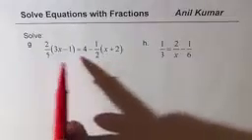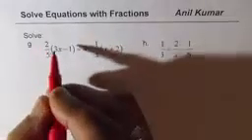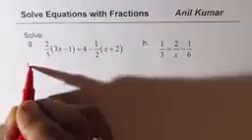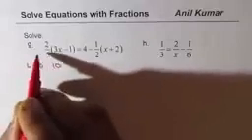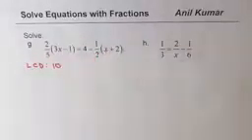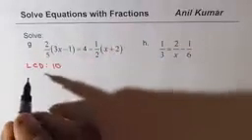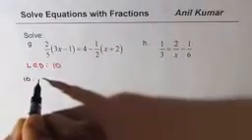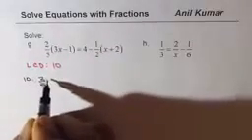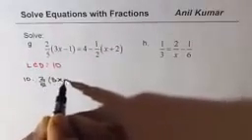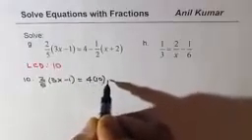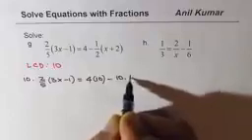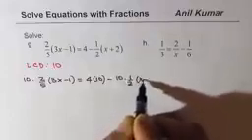Here, 5 and 2. So what is the lowest common denominator? In this case, the lowest common denominator is 10. So we'll multiply every term by 10. So what we get here is 10 times 2 over 5 times (3x minus 1) equals 4 times 10 minus 10 times half (x plus 2).